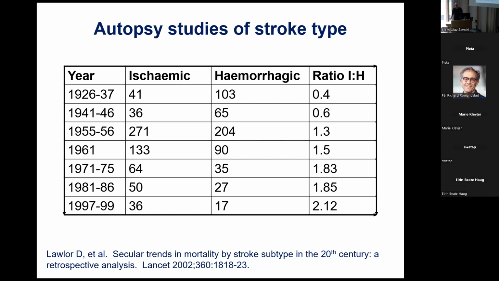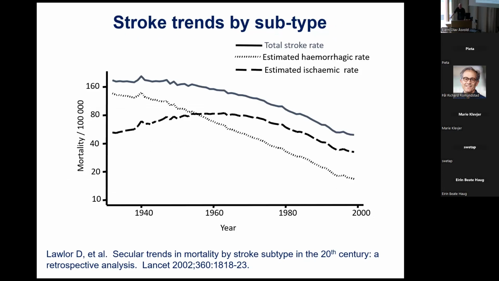Basically in the first half of the 20th century in the UK, the majority of strokes were hemorrhagic, but then around the time coronary heart disease was taking off, ischemic stroke began to increase and became by far the majority of strokes later, at the end of the 20th century. Applying those ratios to overall stroke mortality, she suggested the estimated hemorrhagic stroke rate was just declining across the 20th century, whereas ischemic stroke showed an increase and then a fall.